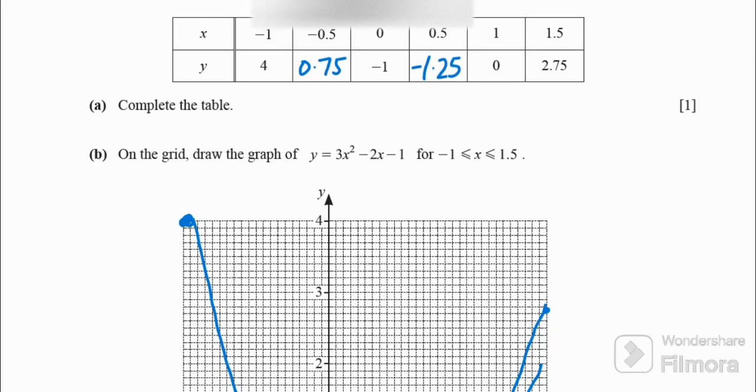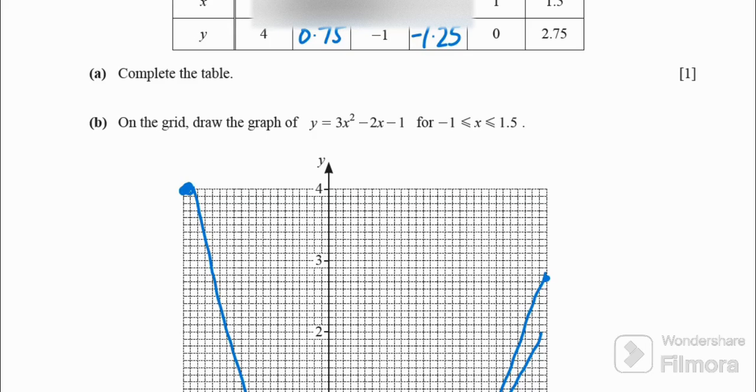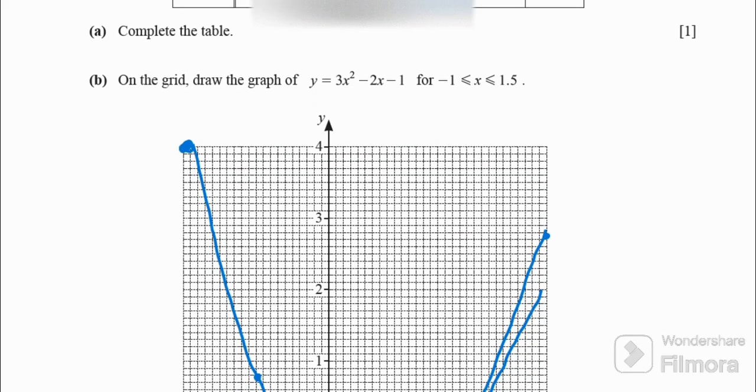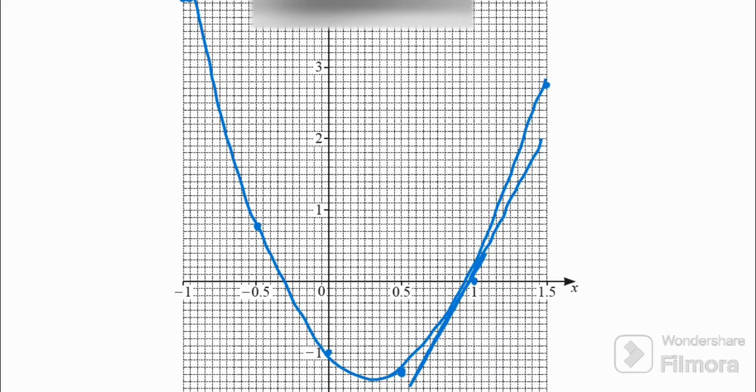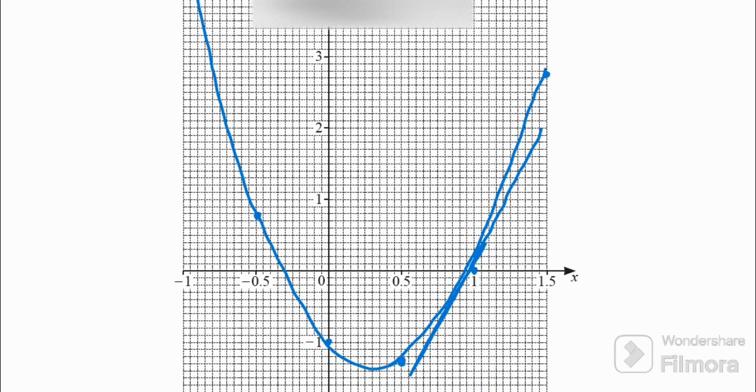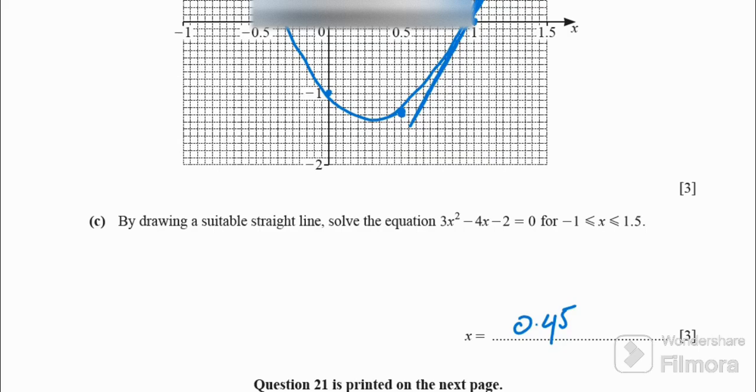Part B states on the grid, draw the graph of y equals 3x squared minus 2x minus 1. So over here I have drawn the graph, and this is what it will look like. Part C states by drawing a suitable line on the graph, solve the equation 3x squared minus 4x minus 2 is equal to 0. For this, the value of x will be 0.45.